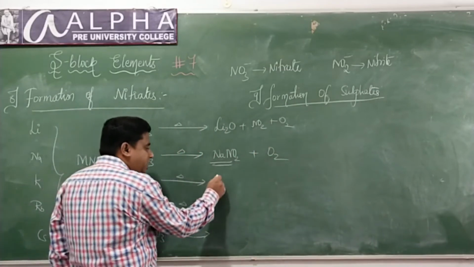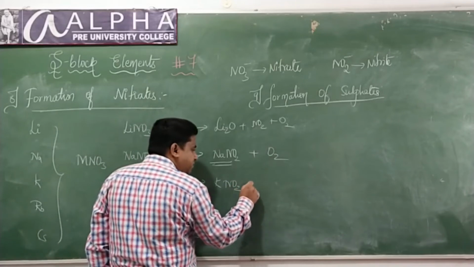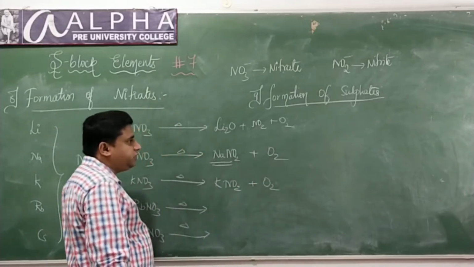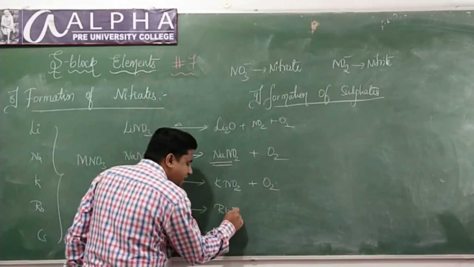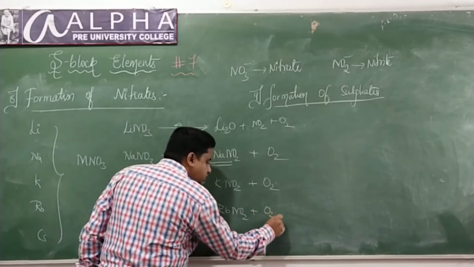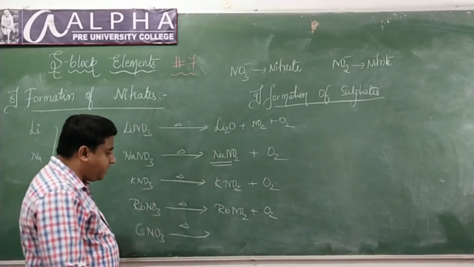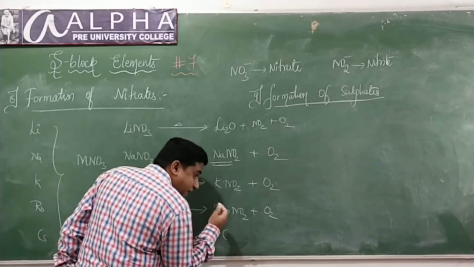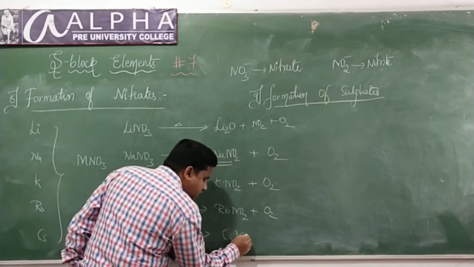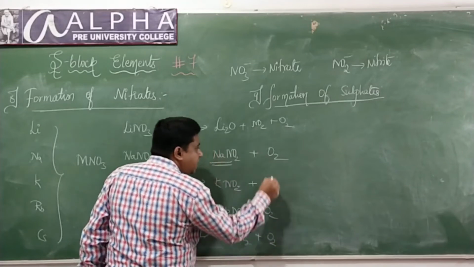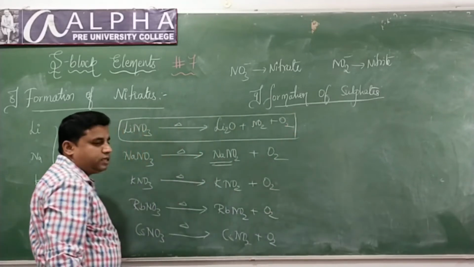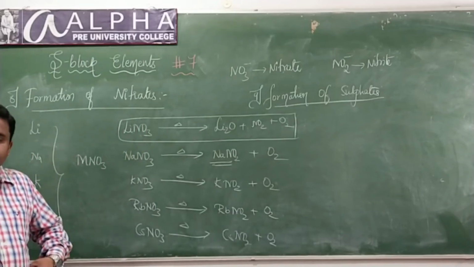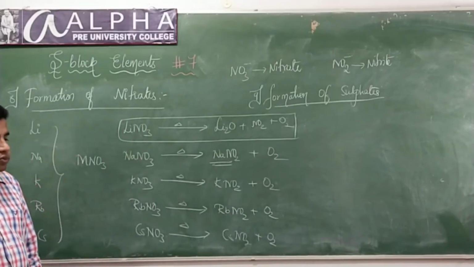Potassium nitrate gives potassium nitrite and oxygen. Rubidium nitrate gives rubidium nitrite plus oxygen. Cesium nitrate gives cesium nitrite plus oxygen. The exception is lithium. Any doubts with this?